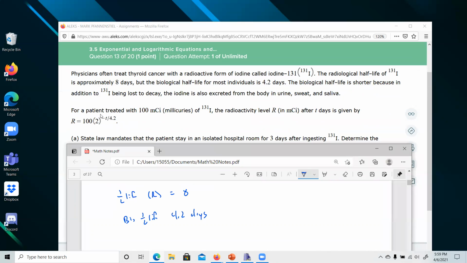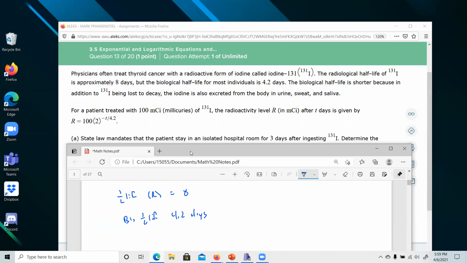So for a patient treated with 100 millicuries, which is actually not a standard measurement anymore, it's still used a little bit but not as much, they give us a formula. T days is given by 100 times 2 to the negative t over 4.2.